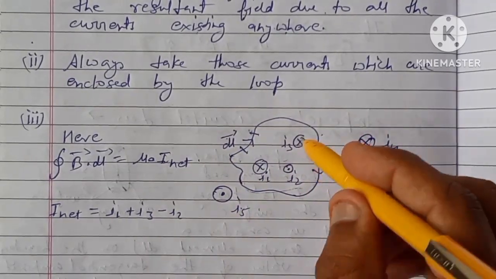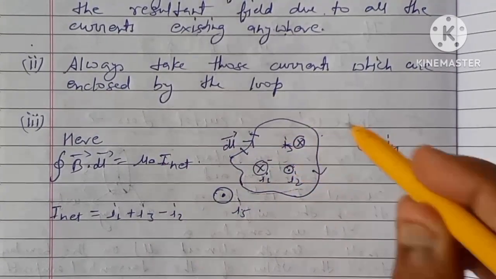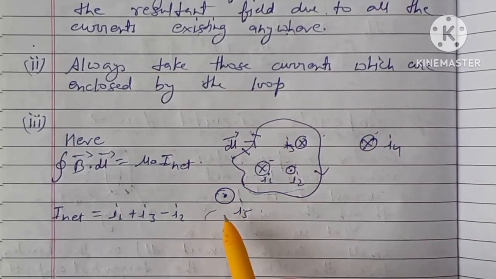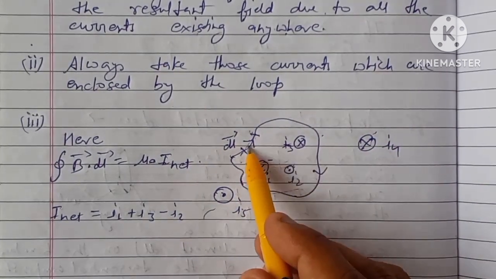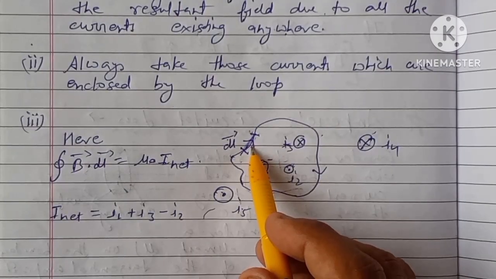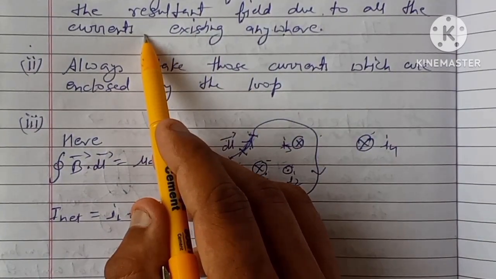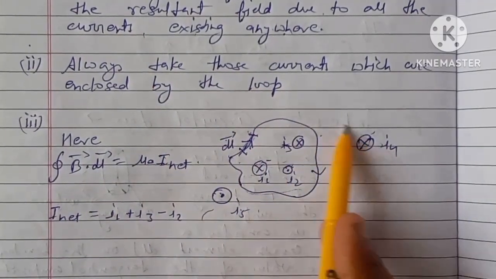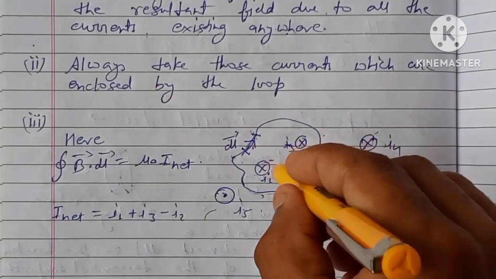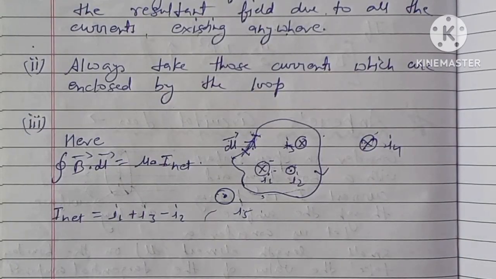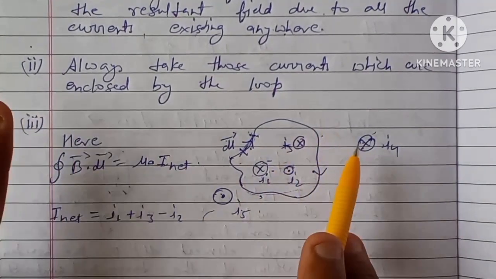There are some currents which are passing through the loop, and some which are not. So the magnetic field at this dl vector, that is the resultant magnetic field B vector, will be due to all currents, whether they are going through the loop or not. That is the first point.